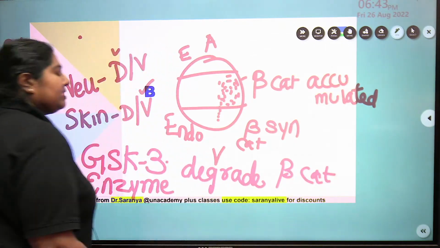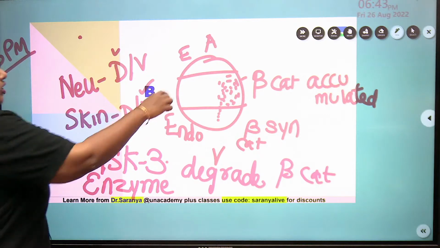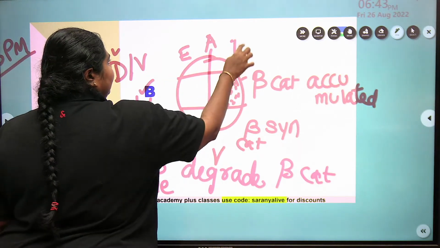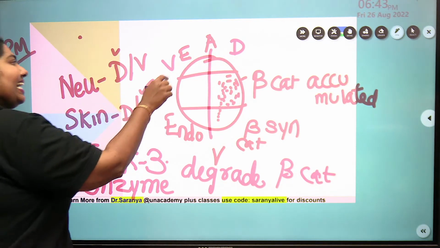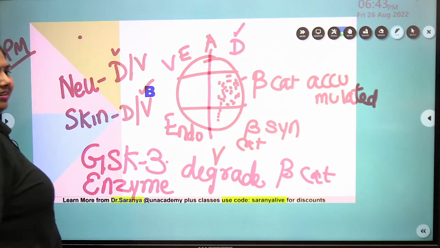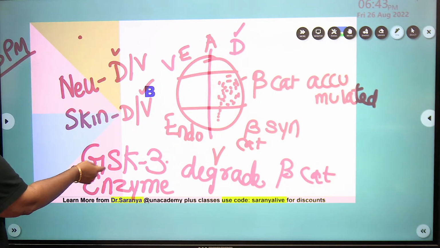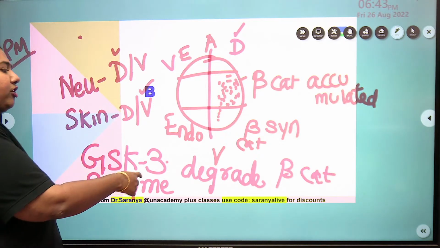Okay, right. So beta catenin is meant for your dorsal side or ventral side? Come on, everybody. Beta catenin is meant for the dorsal side. But this fellow GSK3 will degrade your beta catenin.